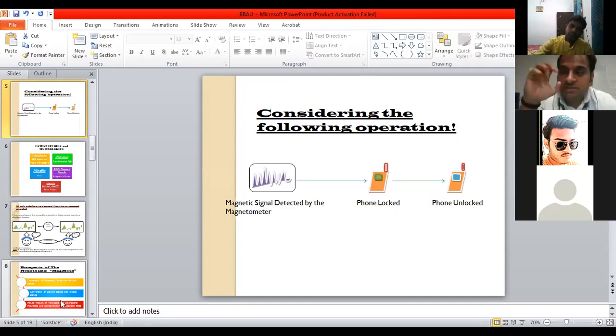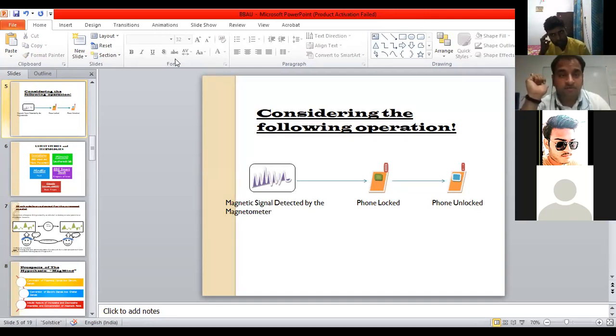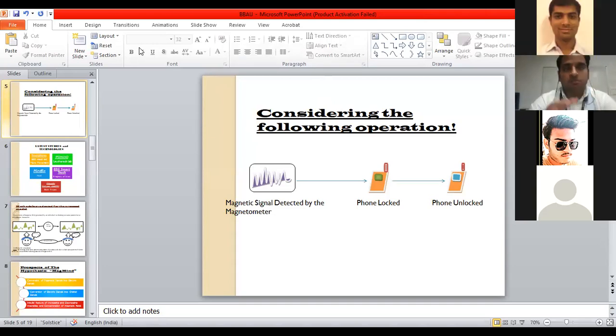So how can we use such magnetic fields or this MEG system in our technological aspects? It's a very important question. Everyone in this world has an attribute of uniqueness. We all have a unique thumbprint. We all have a unique iris.